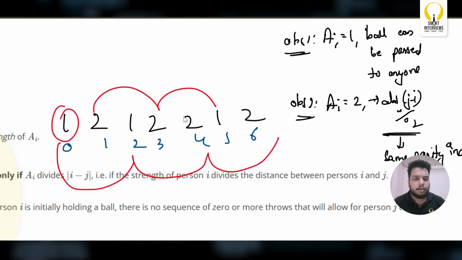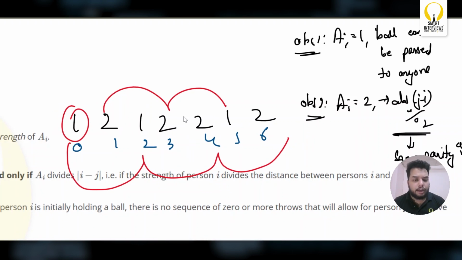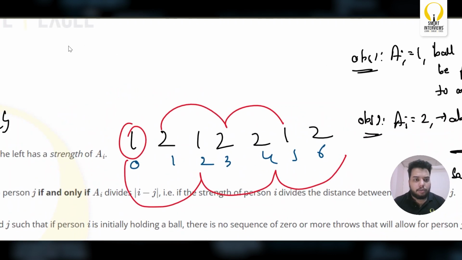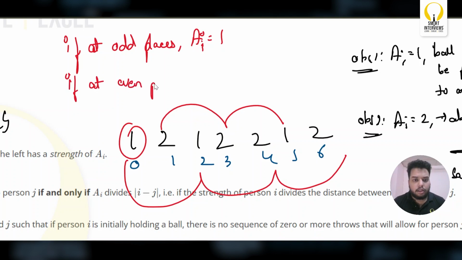So what does it mean? If at odd places we have at least one 1, and if at even places they are having at least one 1, if these two conditions are satisfied, that means there will be definitely no deadlock.